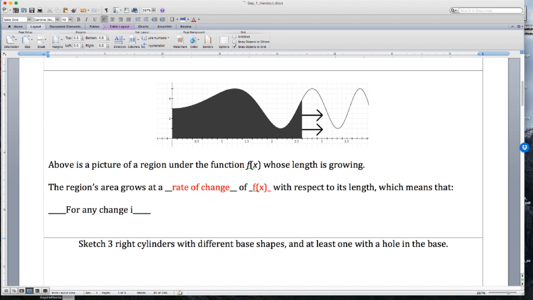For any change in what again? X, the length, right? But we can also say, I'm going to put length and then parentheses x. The change in area is f of x times as large as the change in x. All right.